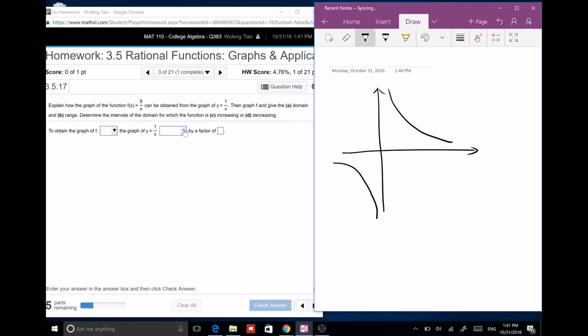For 9 over x, 9 times 1 over x, when x equals 1, y equals 9. If you look at the picture, it goes up to here, it's like you multiply the whole function by 9.